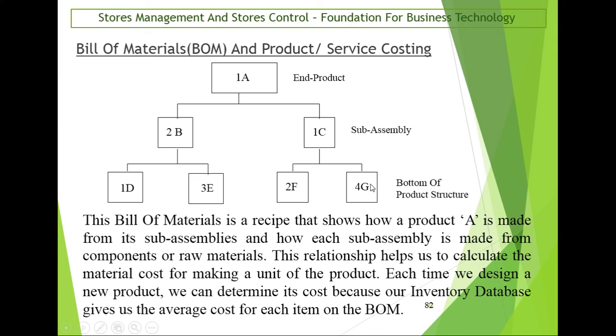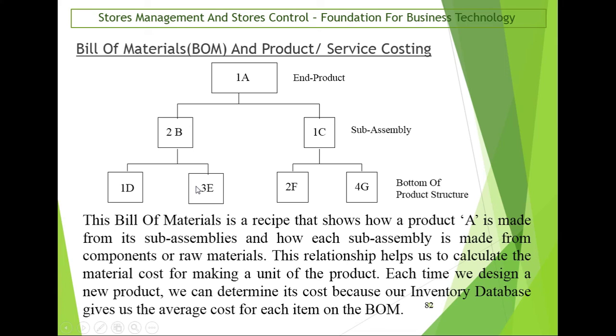Each level has got its parent, and that level has got its own parent in A. So the numbers inside here are the numbers of that item required to make one of the parent.